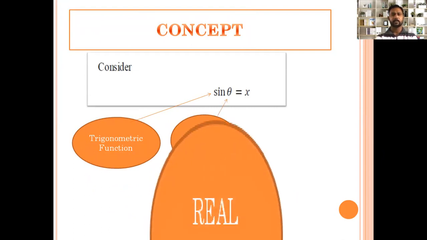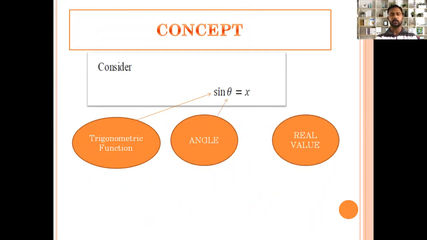And the third one is the real value: a trigonometric ratio along with an angle gives a real value.